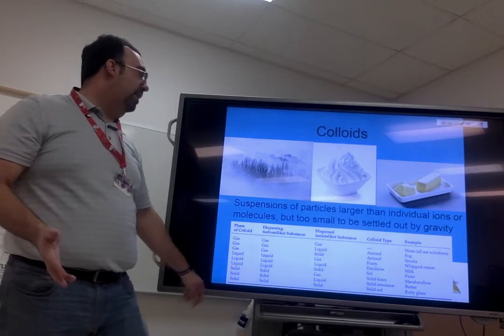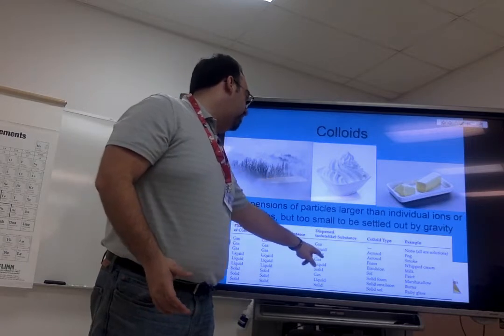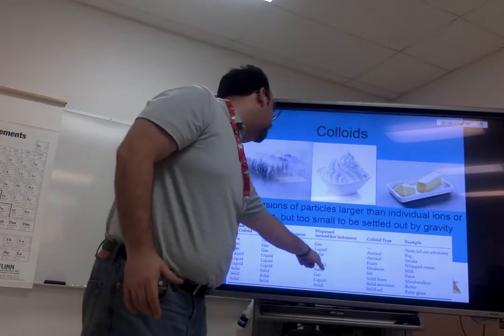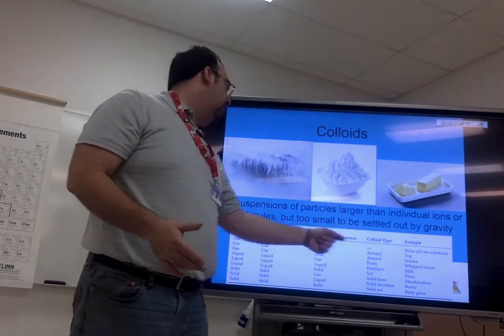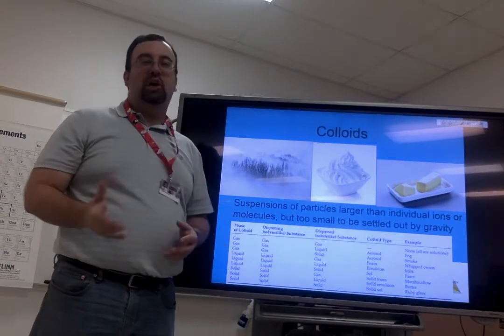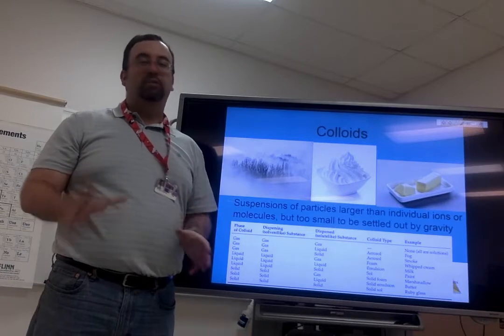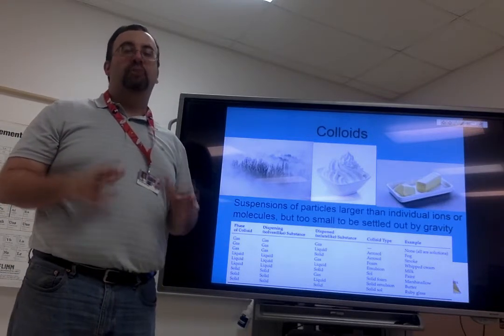We have something like whipped cream. Whipped cream is a gas that is suspended in a liquid. And then we also have something like butter. Butter is a liquid that's suspended in a solid. And so again, the particles are of a size that they don't separate out, but they're larger than the individual ions or molecules that make them up.